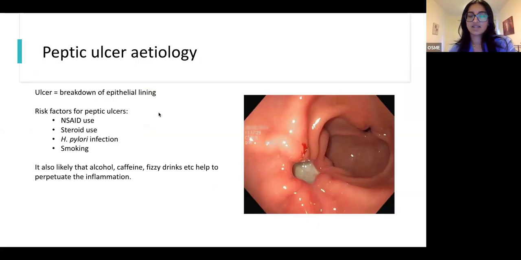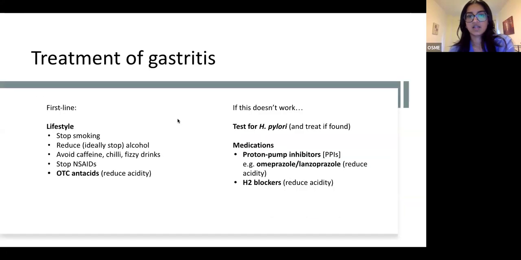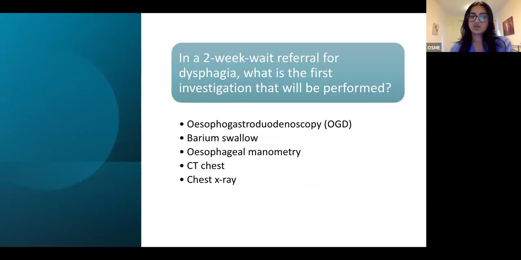The main risk factors stay the same, which is quite good for your exams because you just have to learn the common list and it applies to most of these cases. So the risk factors for peptic ulcers are just NSAIDs, steroids, smoking, alcohol, H. pylori, etc. And these all exacerbate the inflammation and irritate the stomach lining. So same treatment.